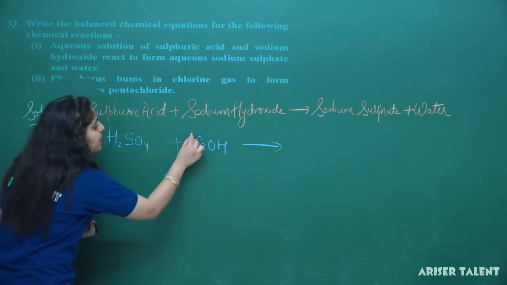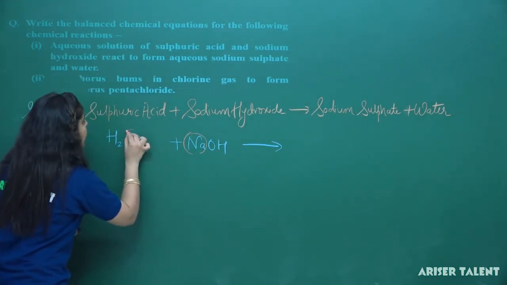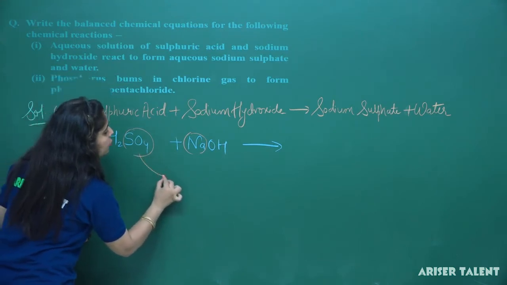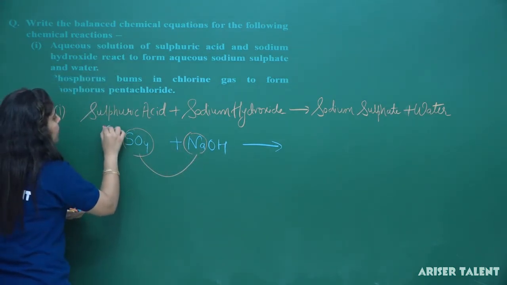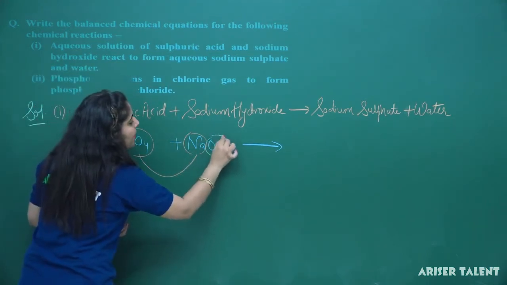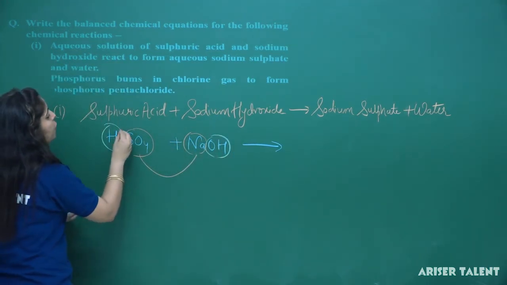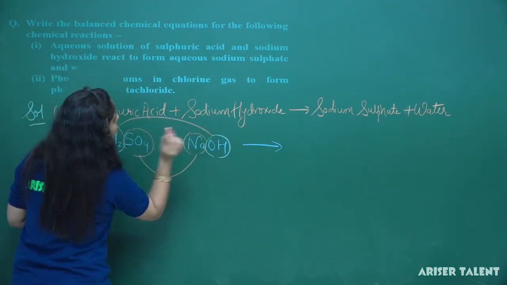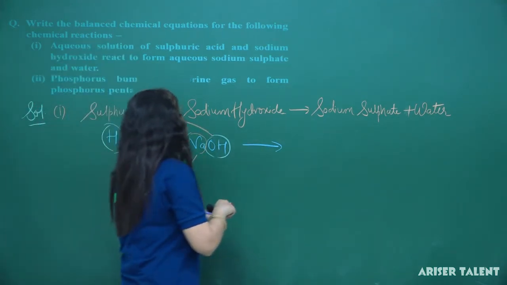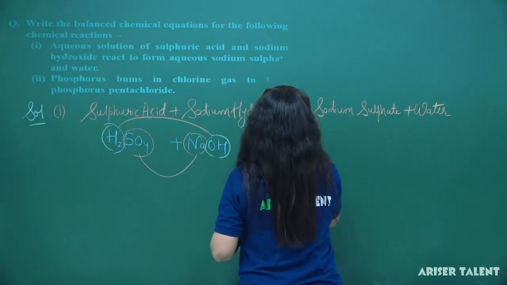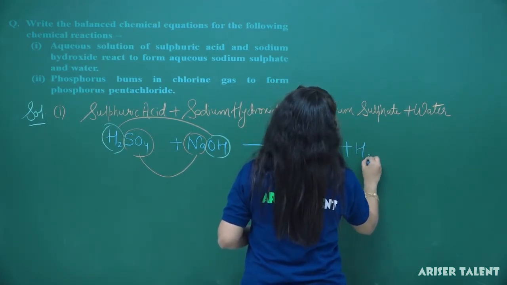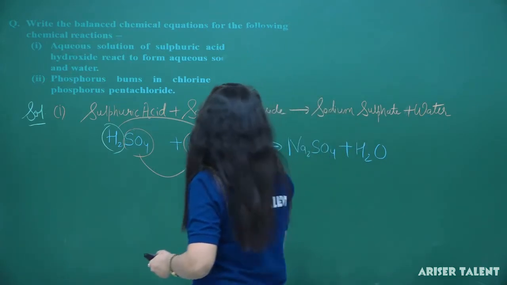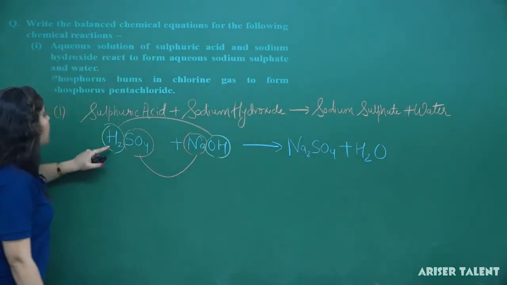It means this Na is going to react with SO4, so NaSO4 will be combined, and H2 combined with OH forms the water molecule. So the solution will be sodium sulfate plus water. Now checking all the atoms in this.